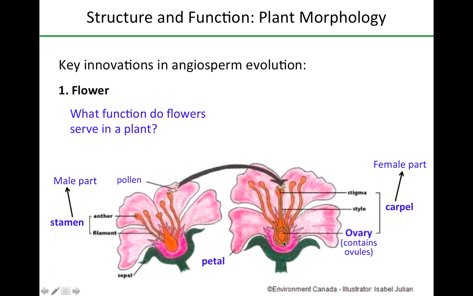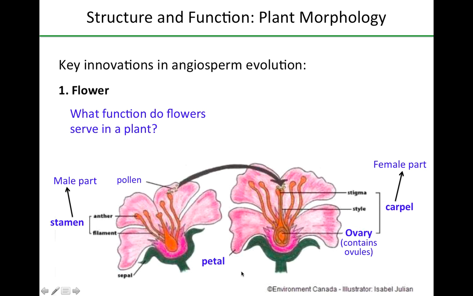So the ovary actually protects the female gametophyte. It protects the female reproductive parts, and it also contains the ovules, which the plant is hoping to get fertilized by the sperm that are being carried over by the pollen.